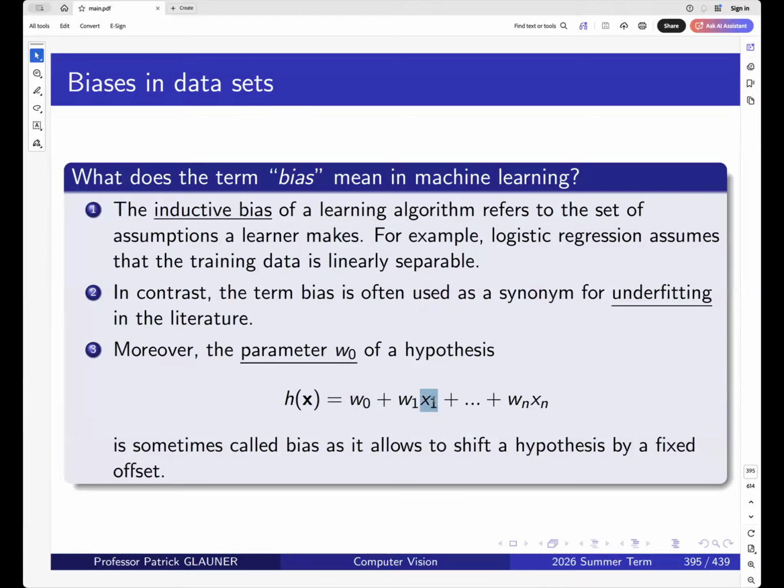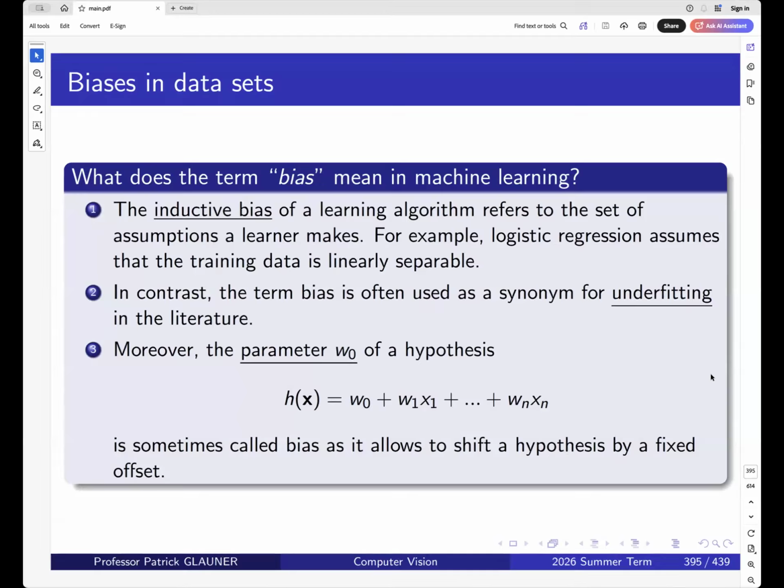So we could either say x0 is 1, or we just leave x0 out and we say our w0 plus this sum of products. We would also sometimes call this parameter w0 the bias, because in linear regression, we would call this the y-intercept, so by how much we move the hypothesis around by a fixed offset. So sometimes this is also called a bias or a bias weight. If you look into neural networks, you have a lot of these bias weights as well.